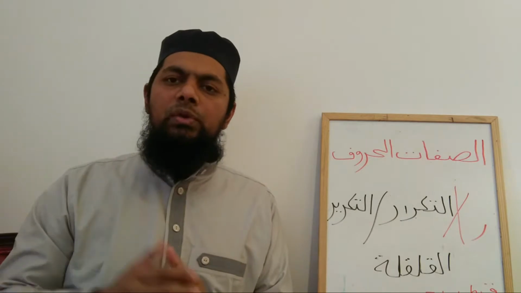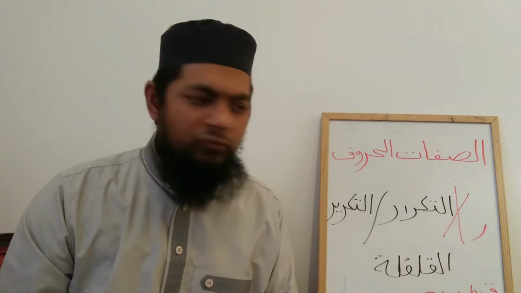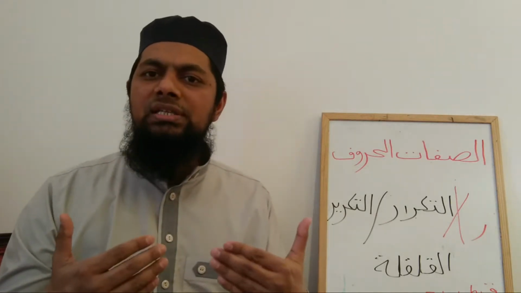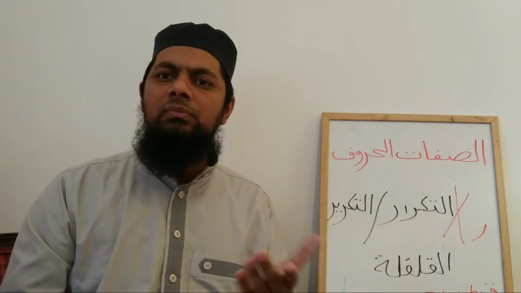So one way is to listen to slow pace recitation and see how the reciters fulfill these qualities. Otherwise, it's very difficult to understand just by listening to a random reciter when they read very fast or even not very slowly.